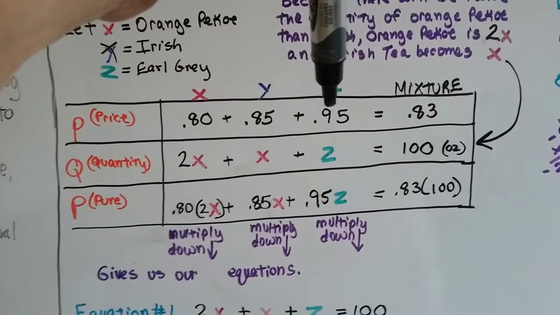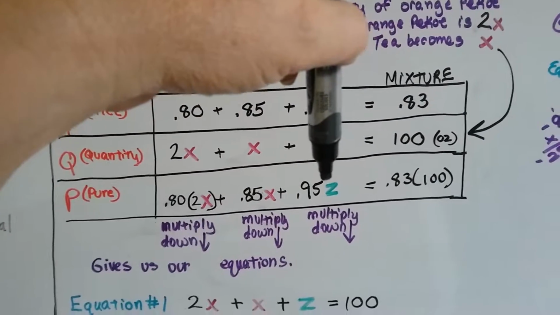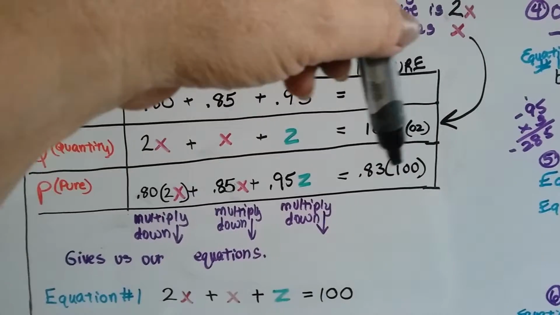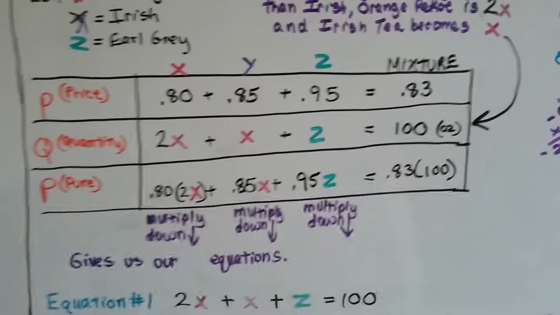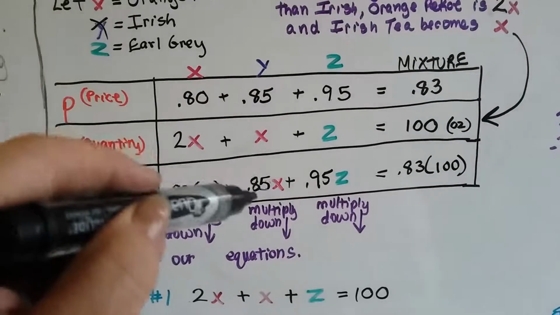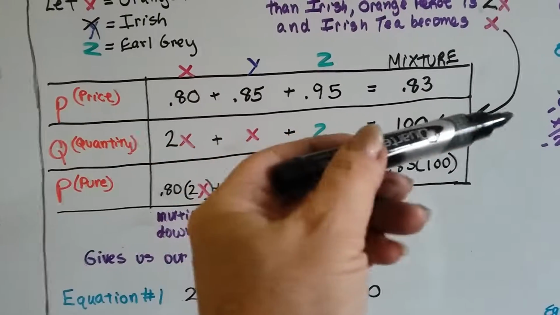And then we've got 95 cents times z, and that gives us the third part of equation 2. And we know it's going to equal 0.83 times 100, and that's the final part of equation 2. So here's equation 1, here's equation 2. We got equation 2 by multiplying straight down. We got equation 1 just by filling out the table.